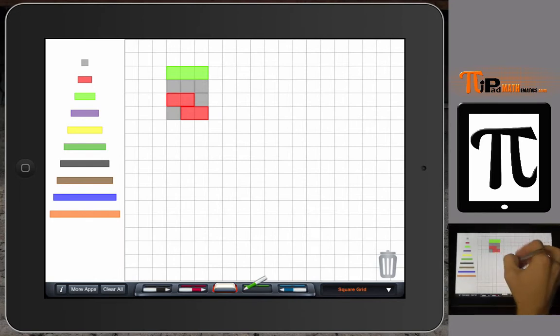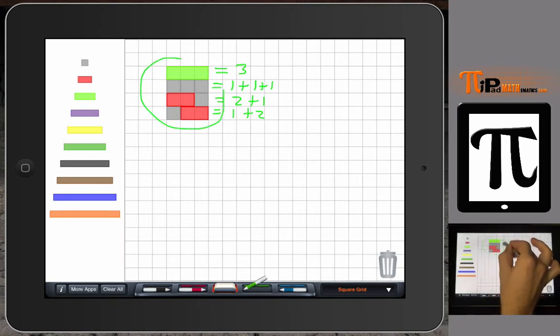This light green equals 3. It equals 1 plus 1 plus 1. It equals 2 plus 1. It equals 1 plus 2. So you have students make these number trains and then write the mathematical equations or expressions that are modeled by that number train. And they can see the commutative property taking place.